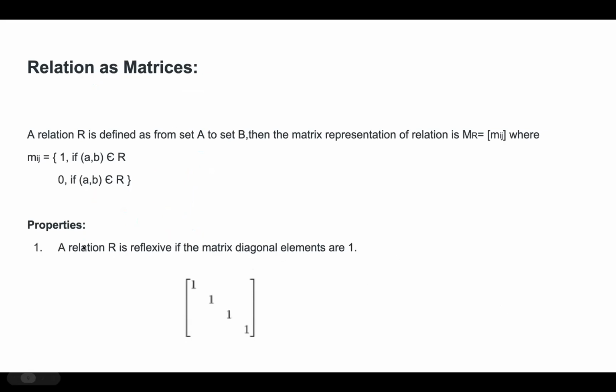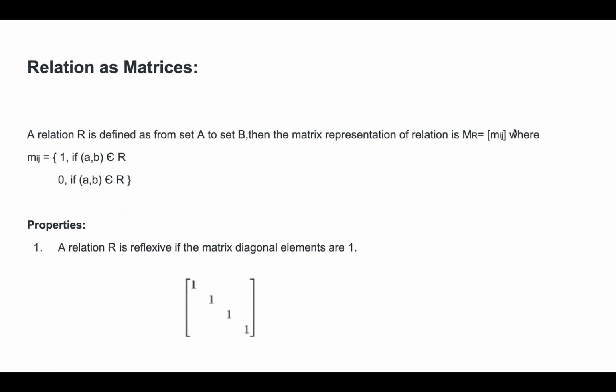So here we can see, with the help of properties, that relation R is reflexive if the matrix diagonals are 1s. Means Mij is equal to Mji.